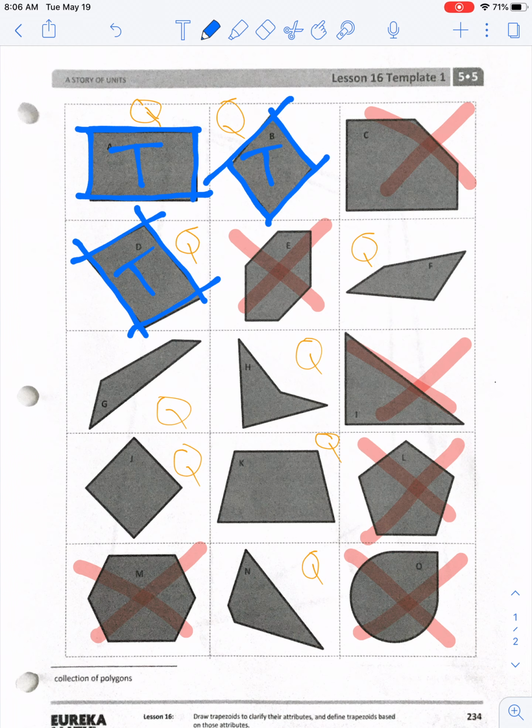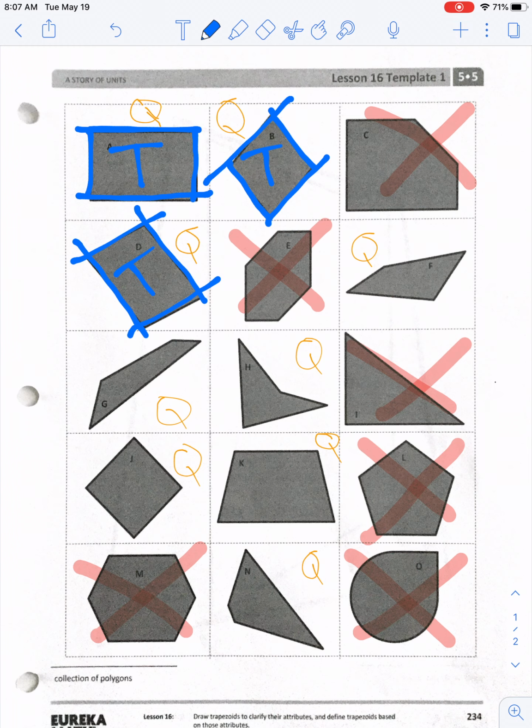Okay, G. Same thing with G, okay? With these angles here, this line and this line would run into each other, and this line would also end up running into each other. So not a trapezoid.